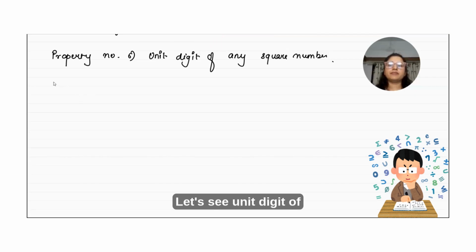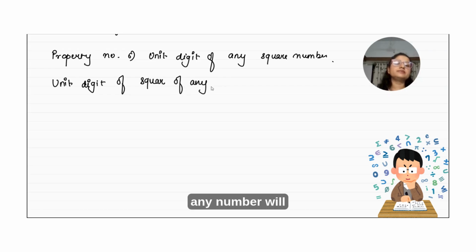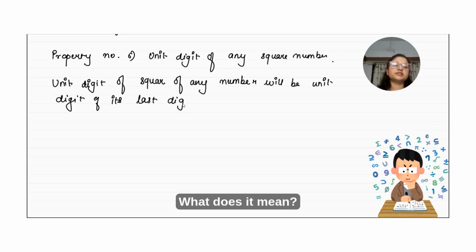Right, see, the unit digit of the square of any number will be the unit digit of the square of its last digit.